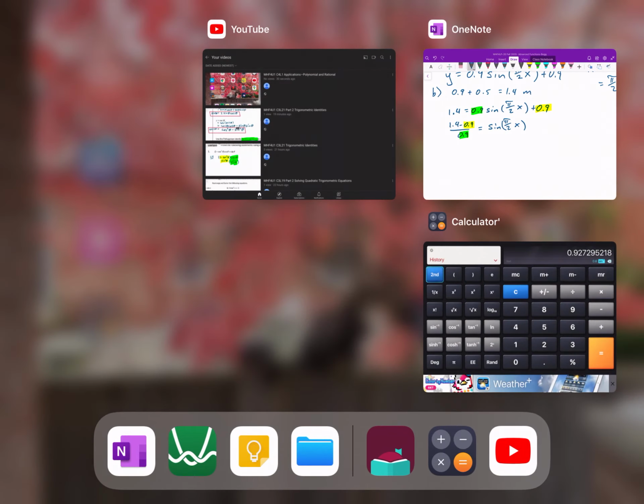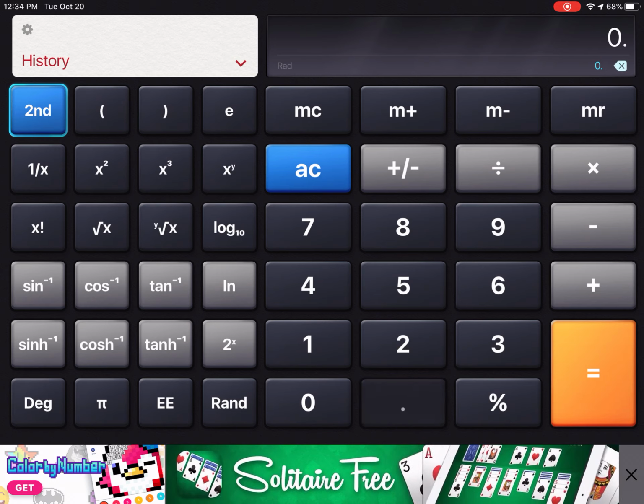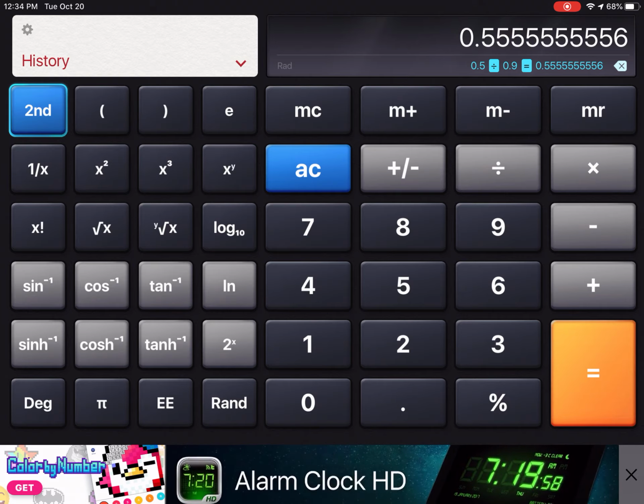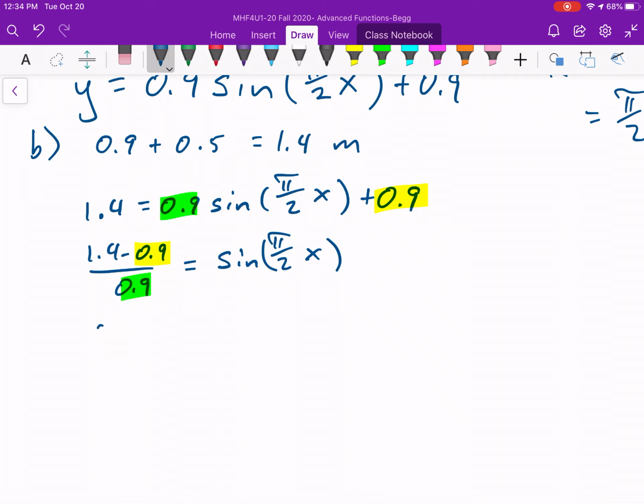Let's find out what 0.5 divided by 0.9 is: 0.5 repeating. So I just worked out what that fraction on the left was. 0.5 repeating, that's what the dot means. So I can take the inverse of each side now to get rid of that sine on the right.